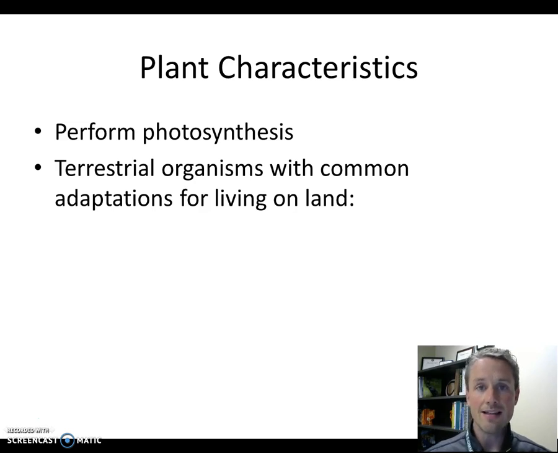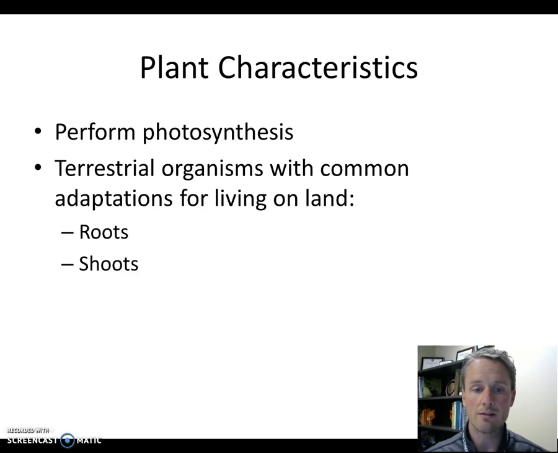So there are a set of adaptations that made it possible for these plants to survive on land. And that's what we want to discuss in this video. So here we'll provide a list of those adaptations, and then we'll think about each of them individually. Those adaptations that allow plants to survive on land are things like roots. We'll talk about shoots as well.